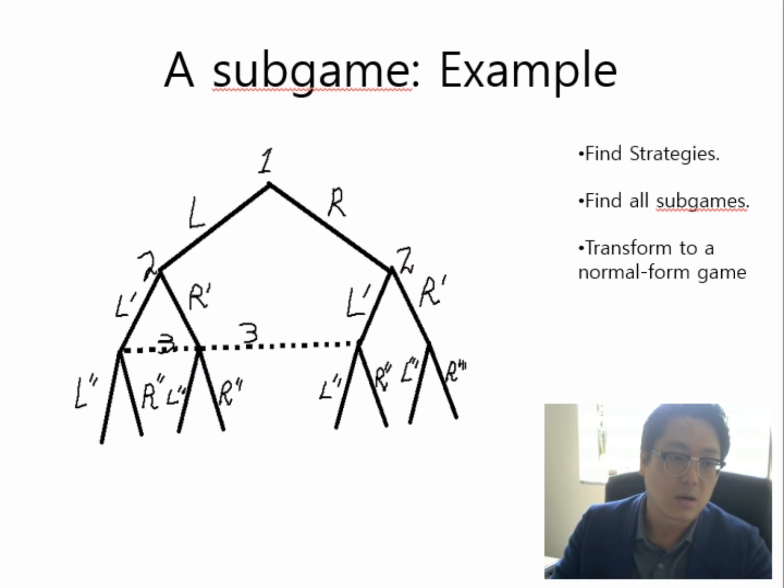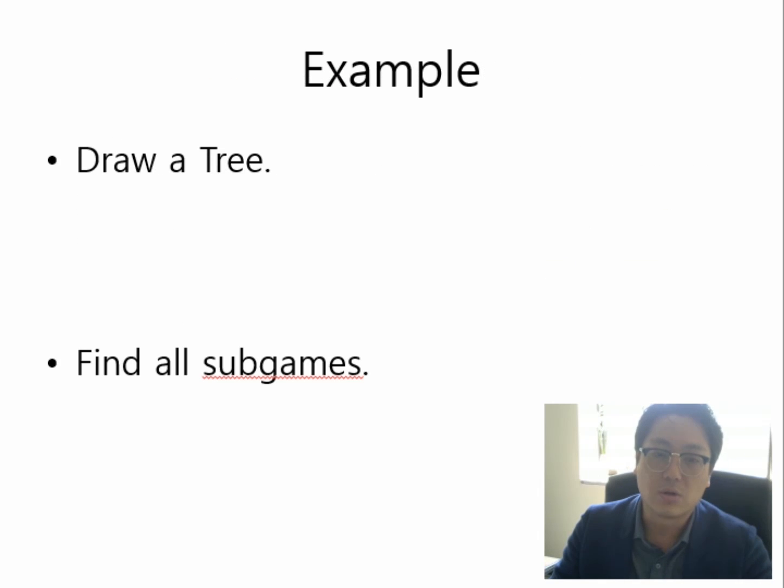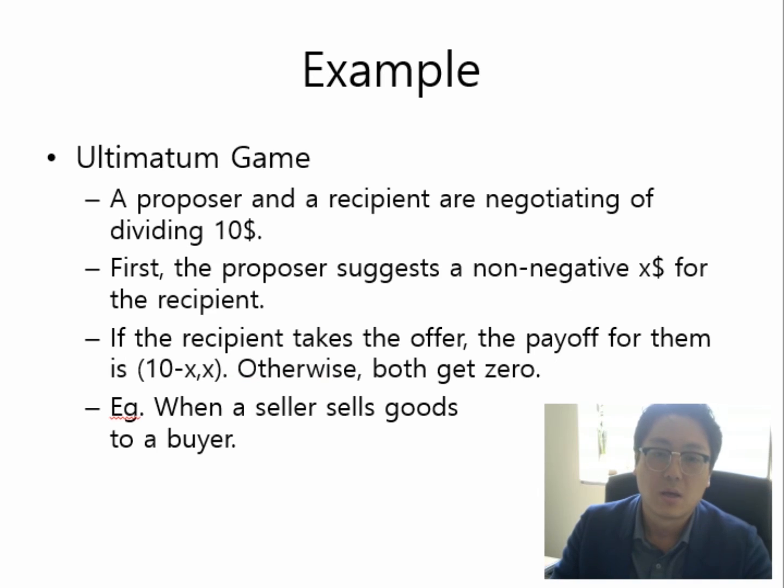So I'm stopping here. It will be very helpful to understand. It will take time to understand subgame perfect Nash equilibrium, but try to do that. Well, your quiz is this. Here is a game called the Ultimatum Game. There are two players, a proposer and a recipient. They are negotiating on dividing $10.